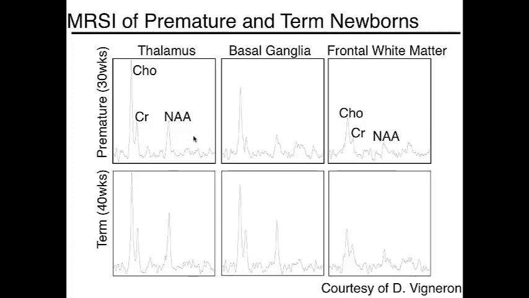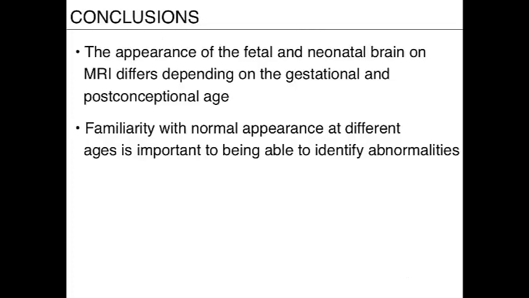And you can see that between 30 weeks and 40 weeks, there's some change with increasing NAA and relative decline in choline within the thalamus, even more markedly in the maturation of the basal ganglia, and not much change in the frontal white matter, as there aren't many maturational changes detected at this stage by MR spectroscopy.